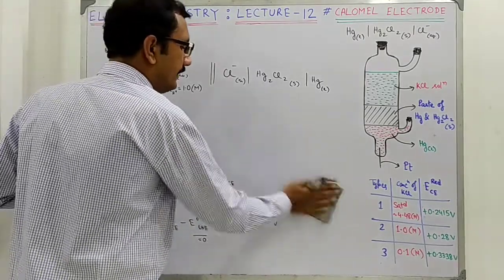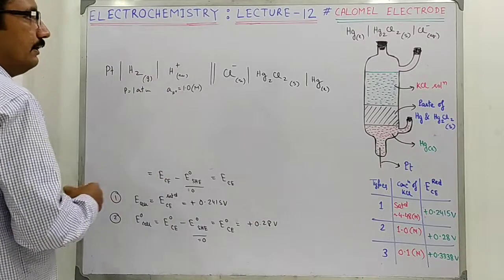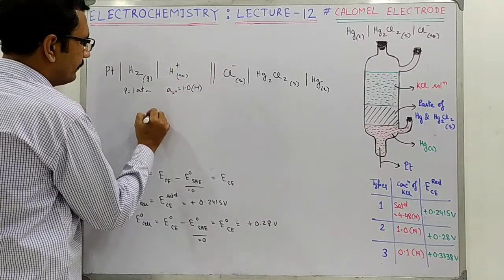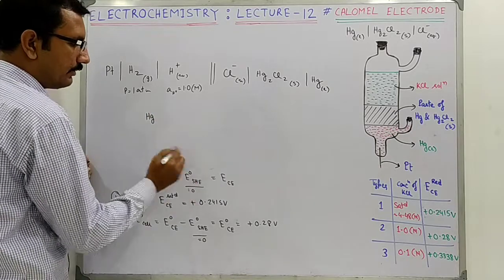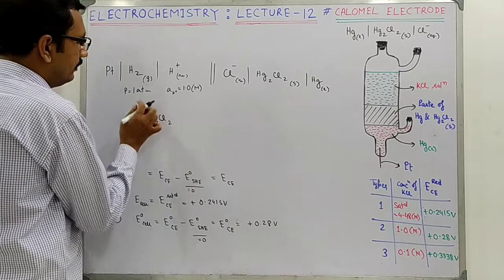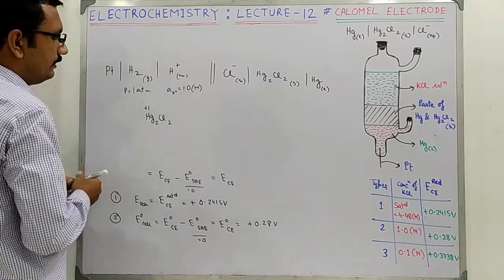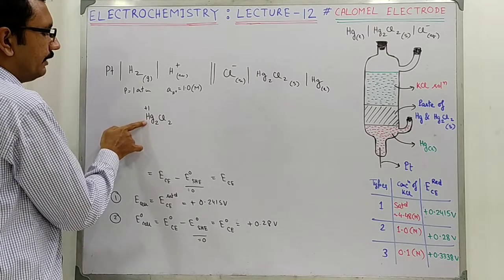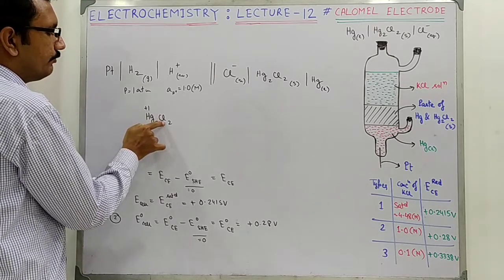So, for that you need to know the reaction that is occurring in this calomel electrode. Since we are dealing with the reduction potential, let us write the reaction in reduction format. So, you know mercury is in +1 state. So, for 2 mercury it will be +2 and here it will be 2 into -1.